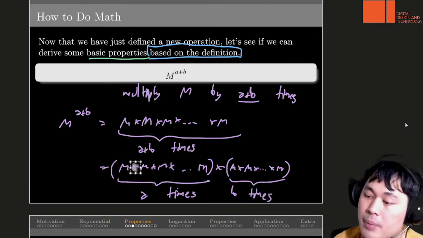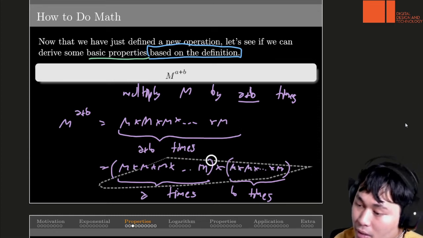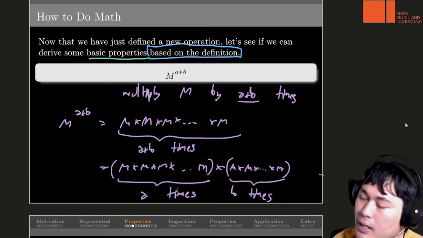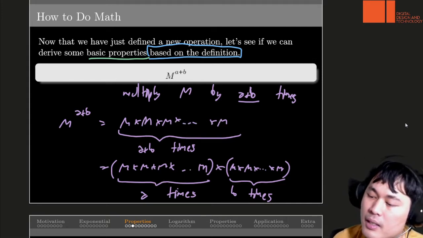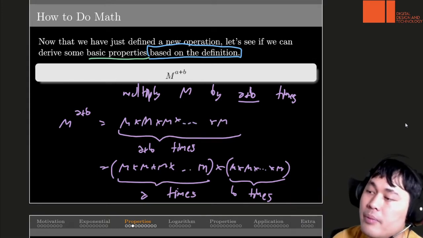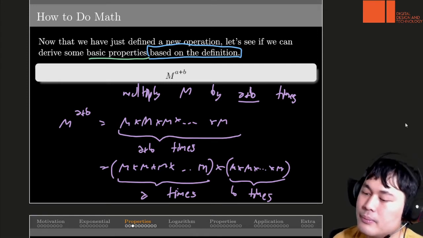There are a copies, there are b copies, so the total number of m's is a plus b, which is what we have above. We just group them into two separate piles.